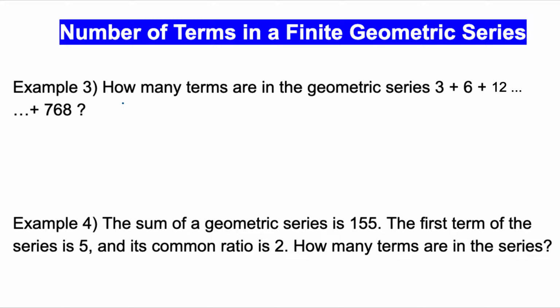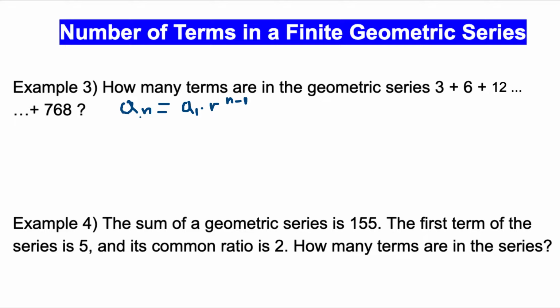So if we look at the definition of the explicit formula, we have a_n is equal to a_1, the first term, times the common ratio in exponent n minus 1.